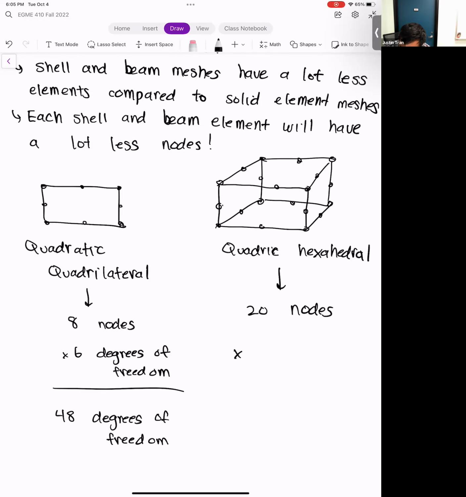We compare that to the quadratic hex. In the quadratic hex, we're only computing 3 degrees of freedom per node. Okay. And so we do the multiplication.